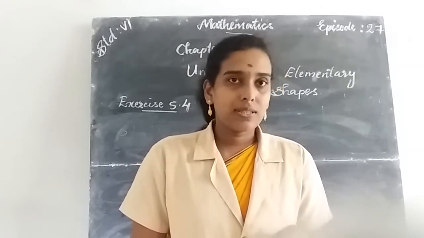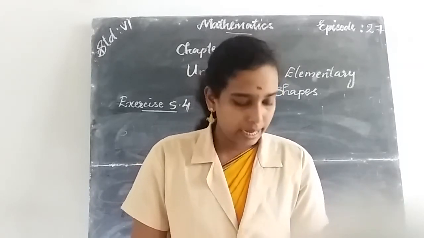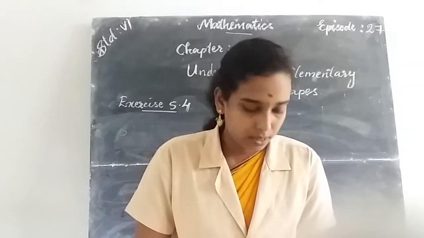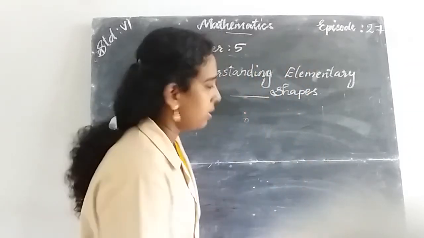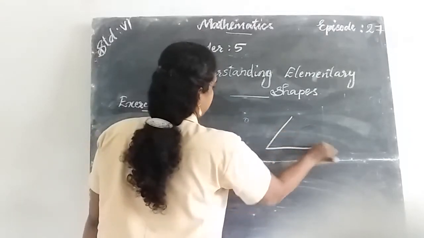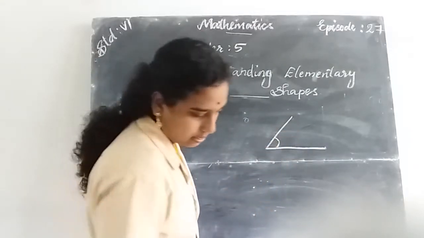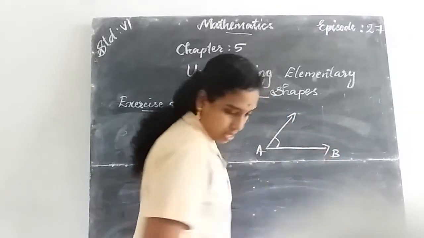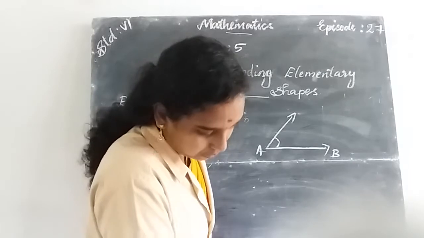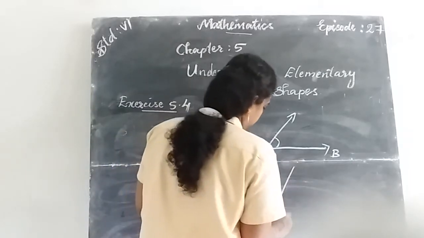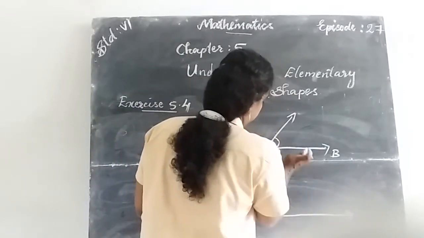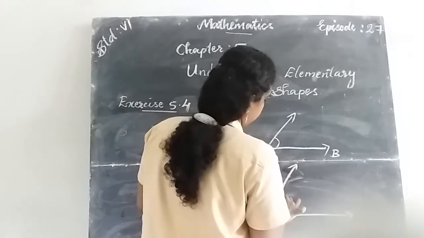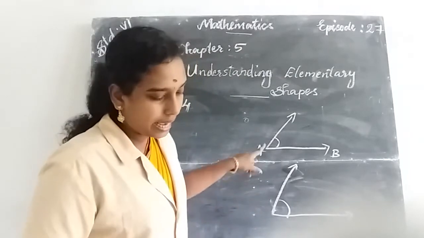That question we will also discuss in our next class, where we will identify angles by using a protractor. For example, the two figures are like this. The first figure is like this, and the second figure is like this. Here, which is the greater angle?